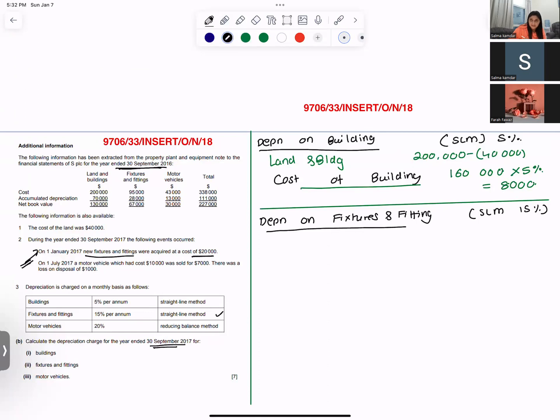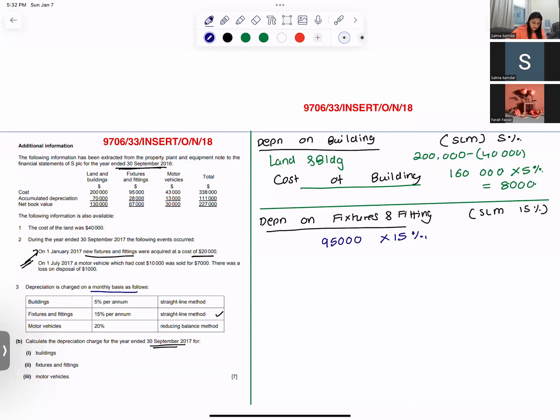So what was the old fixtures and fittings that we had? It was 95,000 cost. The initial one was 95,000 at 15%. Is there any policy of full depreciation or no depreciation? It says depreciation is charged on a monthly basis.